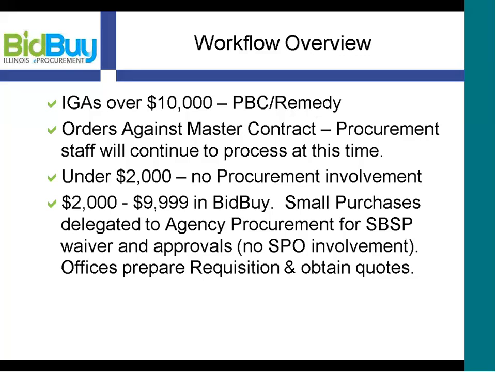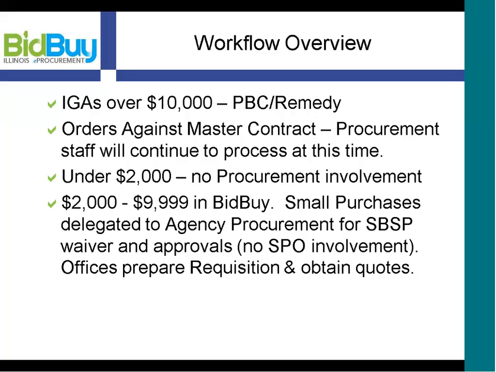For orders against a master contract, procurement staff will continue to process those at this time, so you'll complete your contract request form with all that information and route it through your normal channels, and then procurement will process that order. For everything under $2,000, there's no procurement involvement, so you can handle your need and then invoice.